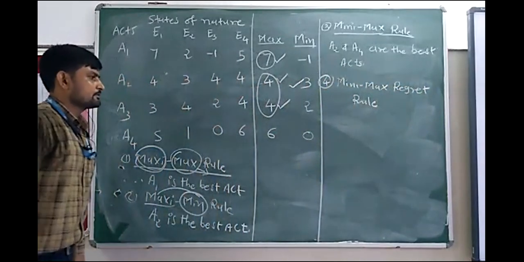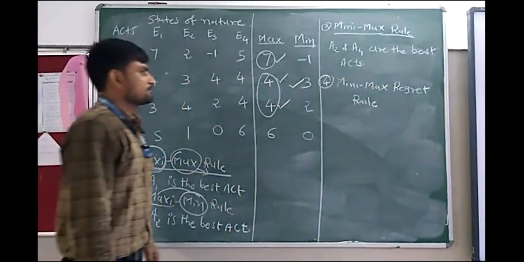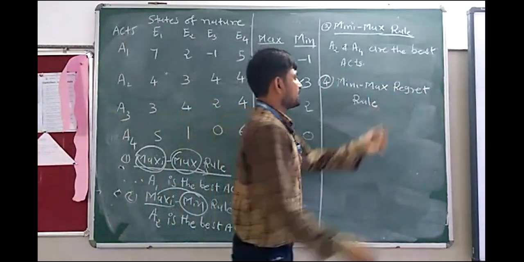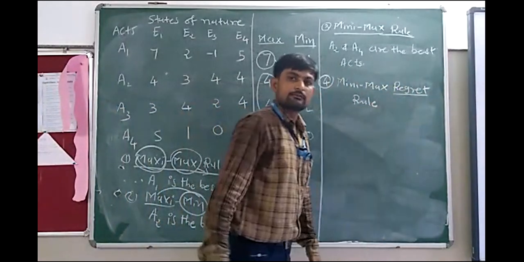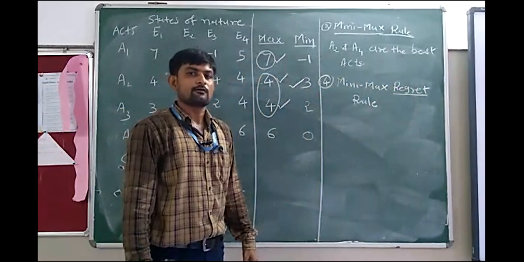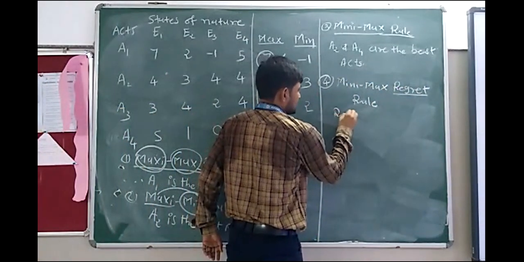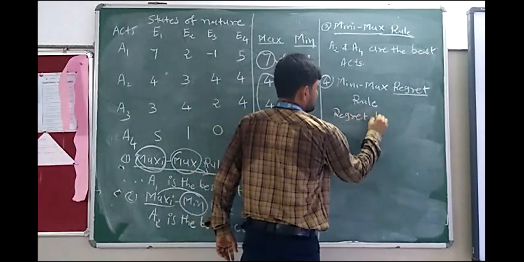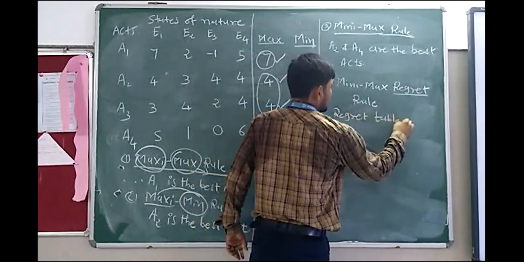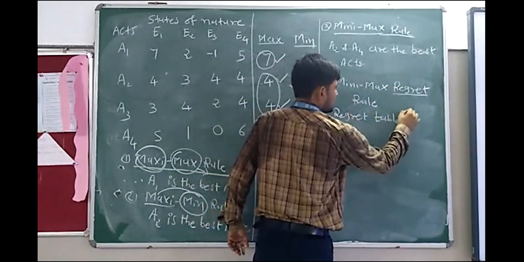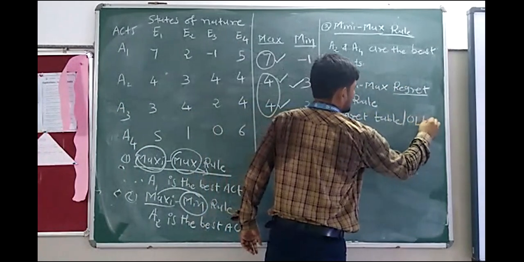First we have to find the regret table, that is the opportunity loss table. So here we'll first find the regret table or opportunity loss table, OL table.